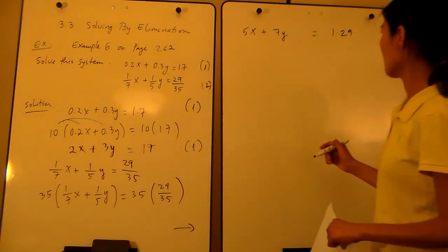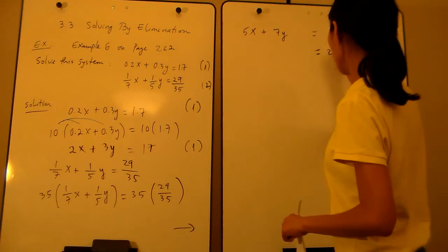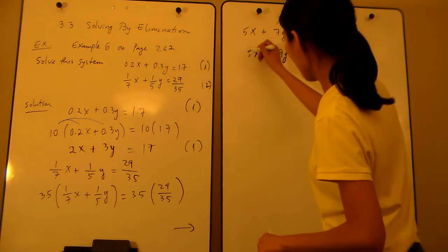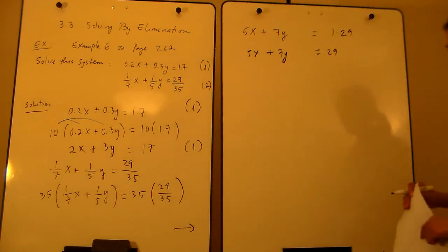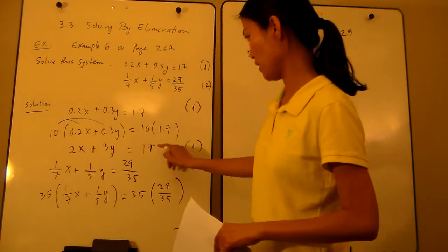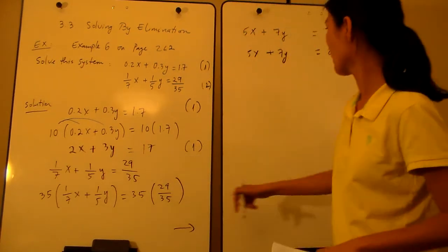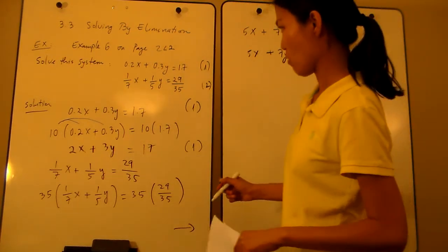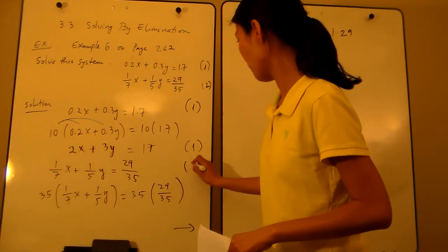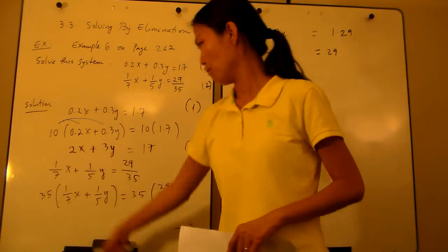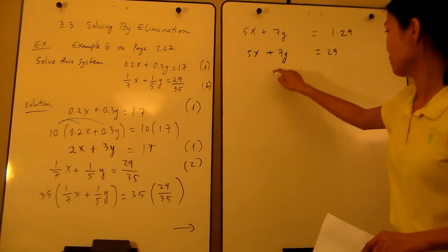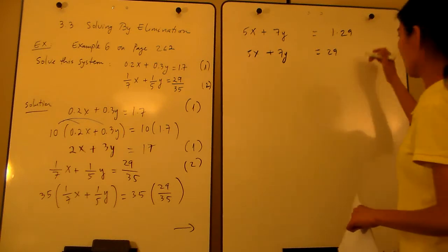Simplify further, we get 5x plus 7y equals 29. Now, equation 1 had decimals; we cleared them out and this is what we got. And for the second equation, we eliminated all the denominators and this is what we got. So this is equation 2.